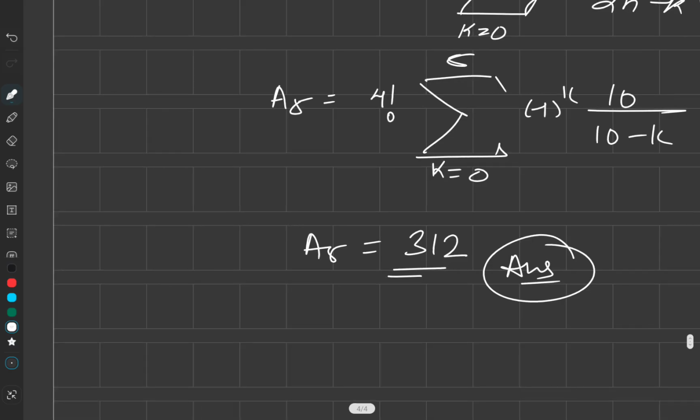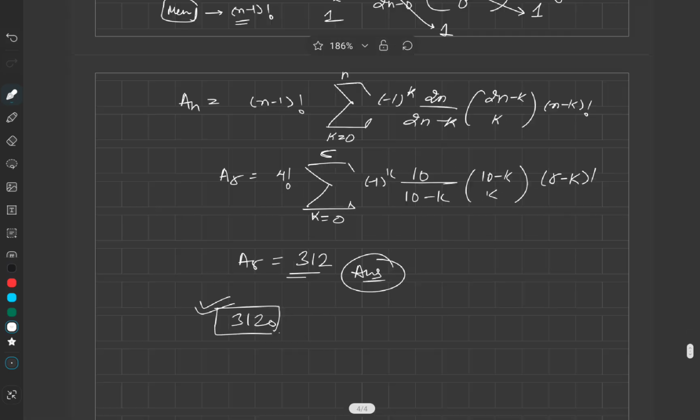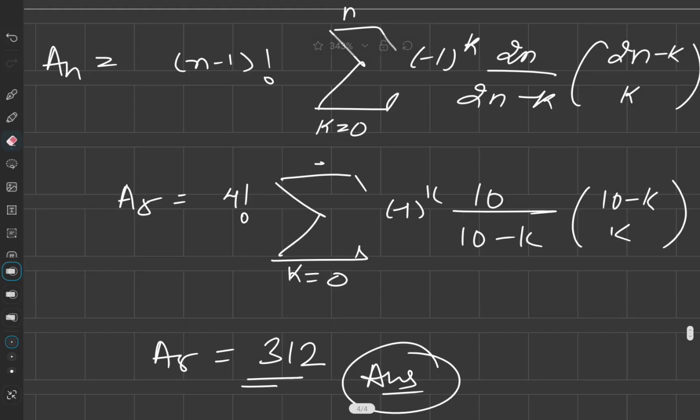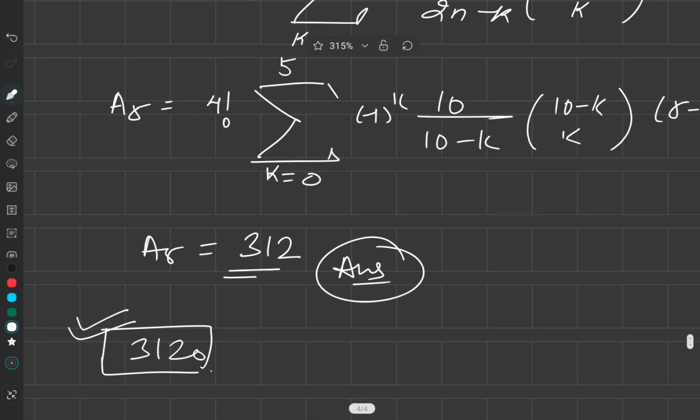Now the answer could also be 3120, right? Which is the answer you will find on the internet if you search for this problem, which gives a false idea that our answer is wrong.